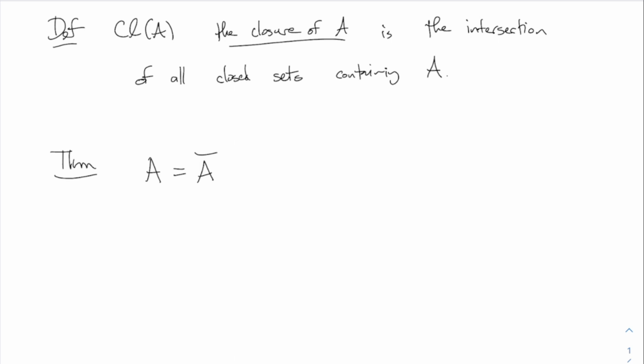This means something about A. Then it is closed. Yes, if the set is already closed, then it is equal to its own closure. So A equals A closure is actually an if and only if A is closed. All right? That is a simple fact about the closure of a set.